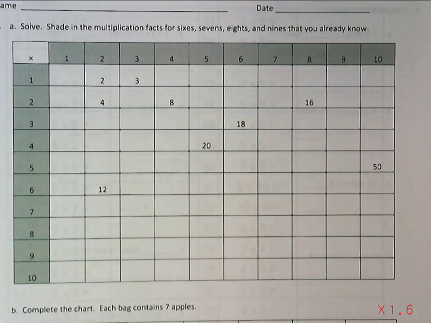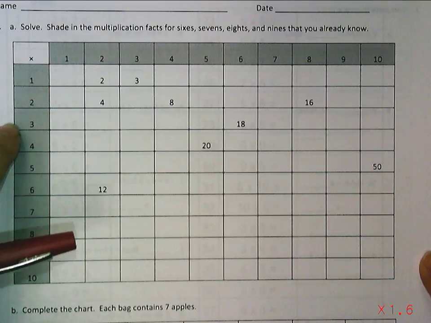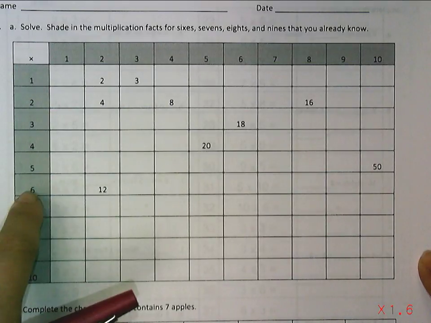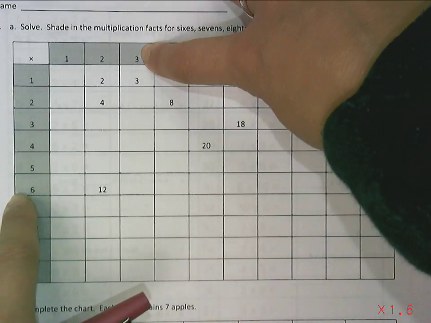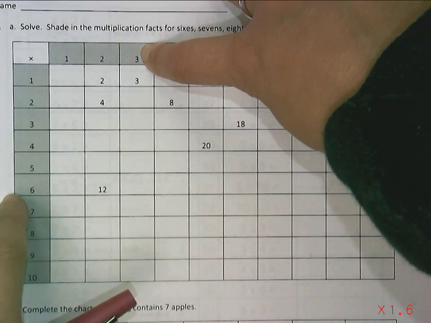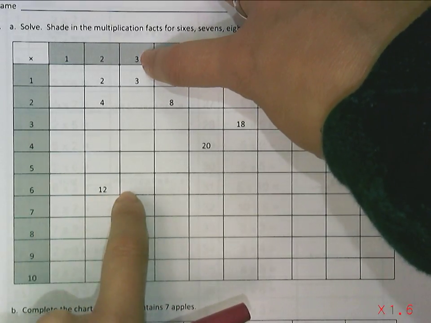Now let's see if we can locate the product of 6 and 3. So we start by finding 6 on our row. Here's our 6th row. And then we slide our finger to the right till it falls under the column 3. 6 times 3.